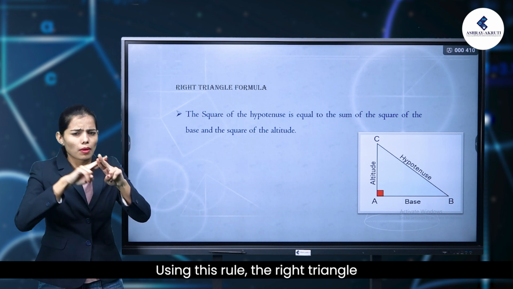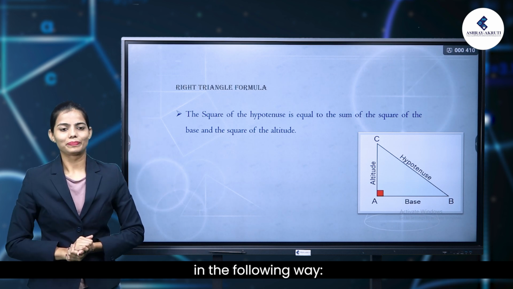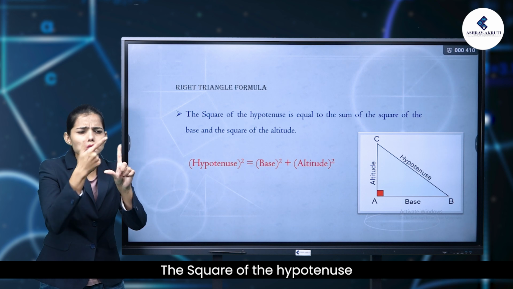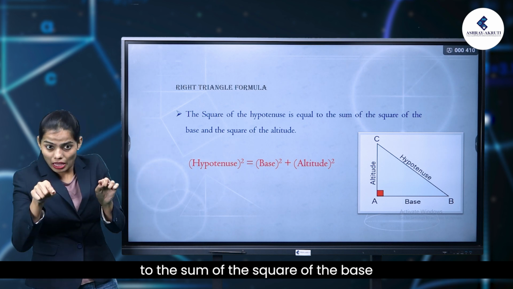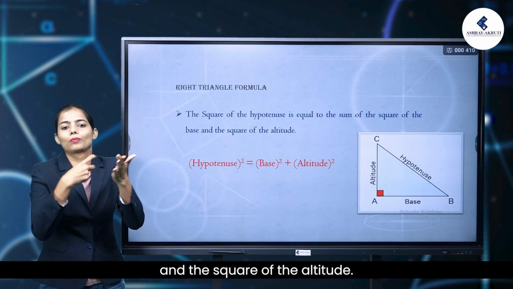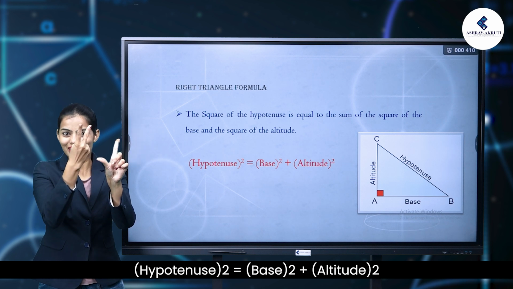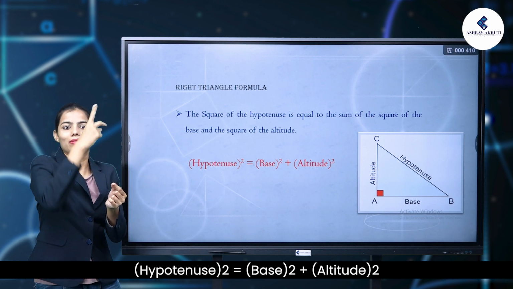Using this rule, the right triangle formula can be represented in the following way. The square of the hypotenuse is equal to the sum of the square of the base and the square of the altitude. Hypotenuse square is equal to base square plus altitude square.